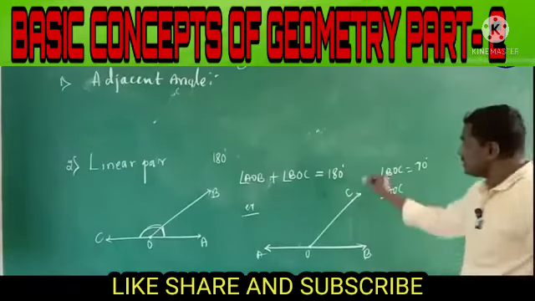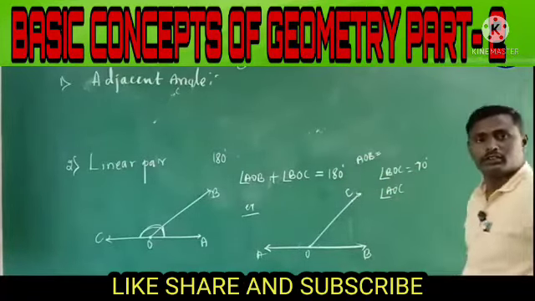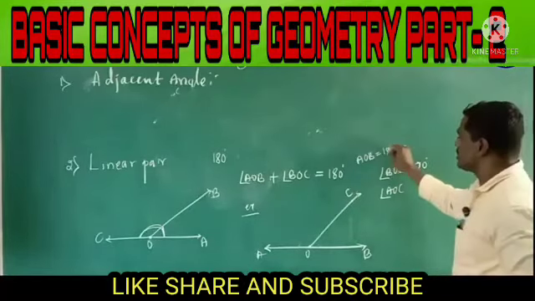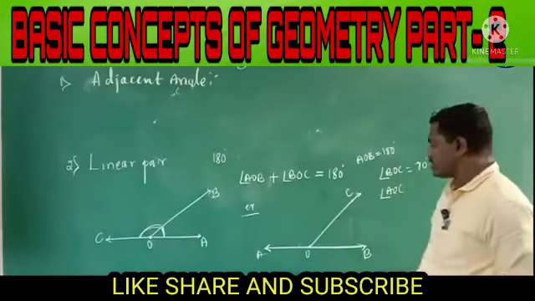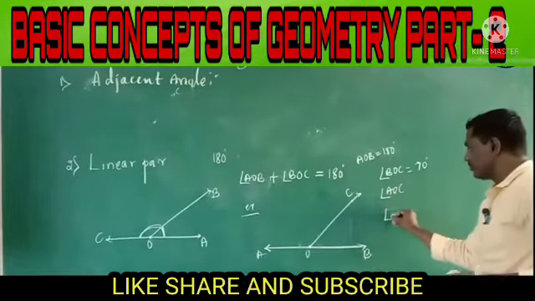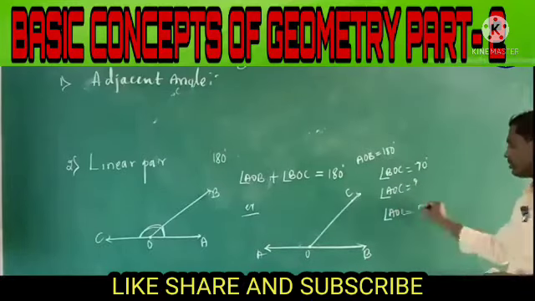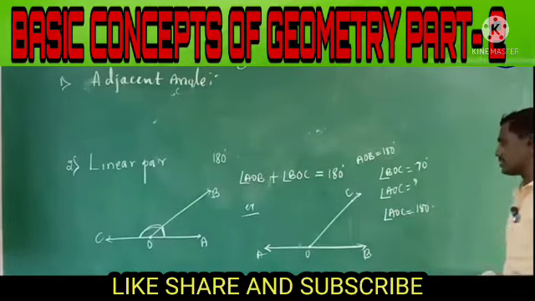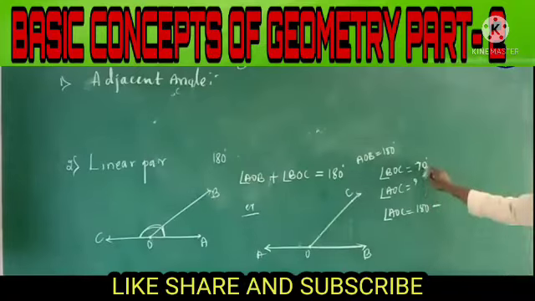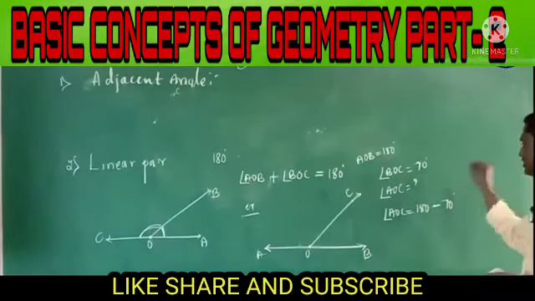As we already discussed, for the straight line AOB, the angle of a straight line is always equal to 180 degrees. So how can we calculate this one? Angle AOC is equal to 180 minus the given angle BOC, which is 70 degrees.